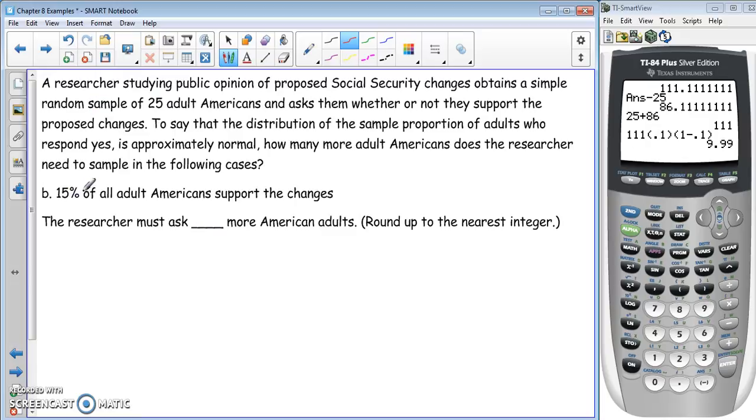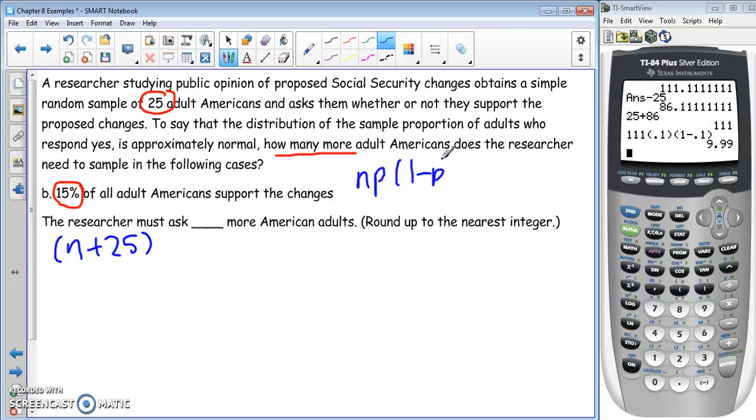So we want 15% in this case. We still have the 25, and we want to know how many more. So we have n plus 25. Let's write our condition out. n times p times 1 minus p needs to be greater than or equal to 10.